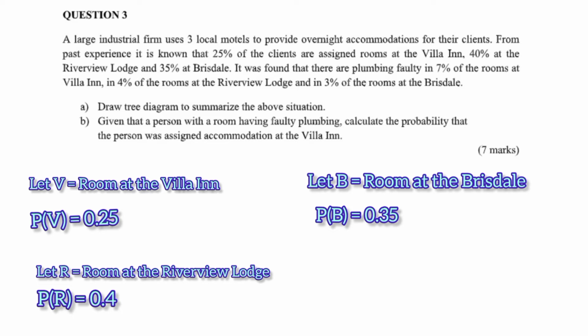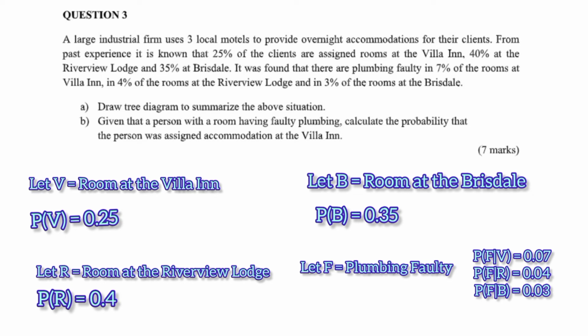It was found that there is faulty plumbing in 7% of the rooms at Villa Inn, in 4% of the rooms at the Riverview Lodge, and 3% of the rooms at Bristol. Here we just let F equal to faulty plumbing, so probability faulty given Villa equal to 0.07, probability faulty given Riverview will be 0.04, and probability faulty given Bristol will be 0.03.